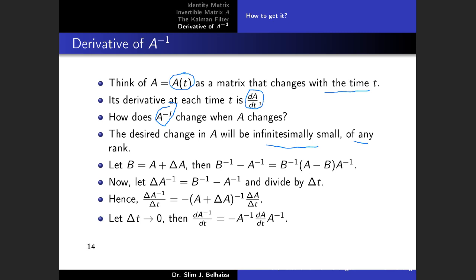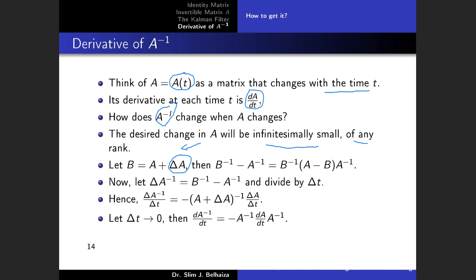So let's first of all, just to understand the result we reach, define B to be equal to A plus this change, delta A. Remember in calculus 1, we introduced delta x, which is a small variation of x. So B is the new value, or the new x. Okay.